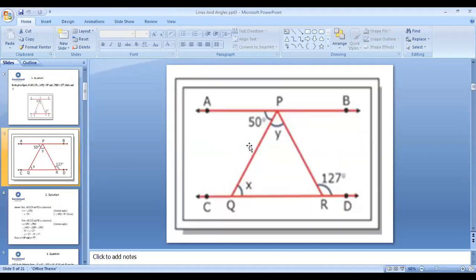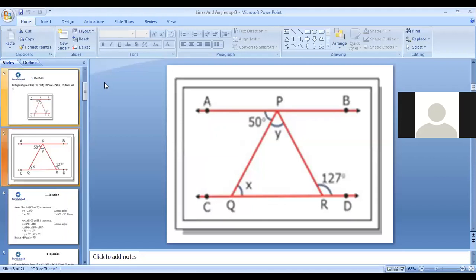Now what about the value of X? How to find the value of X? Alternate interior angles. Ma'am, 50 plus Y plus the other angle on the other side makes 180 degrees, right, ma'am?